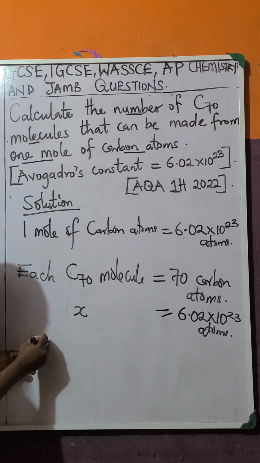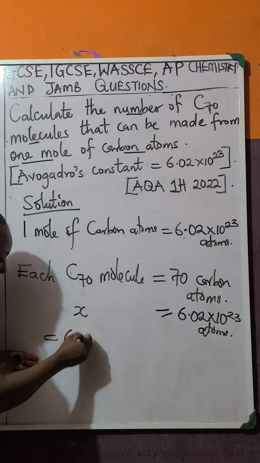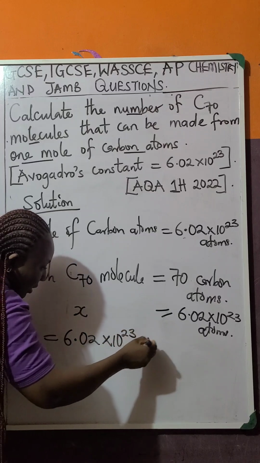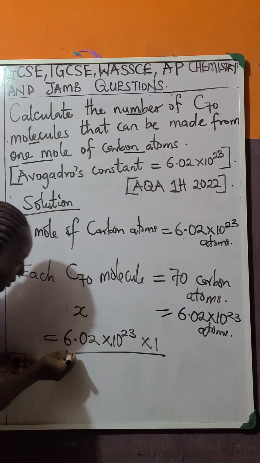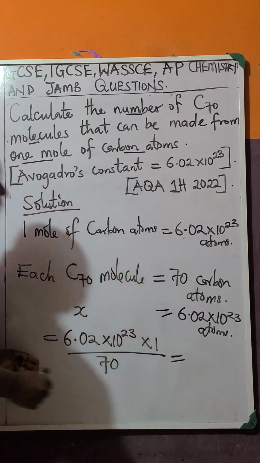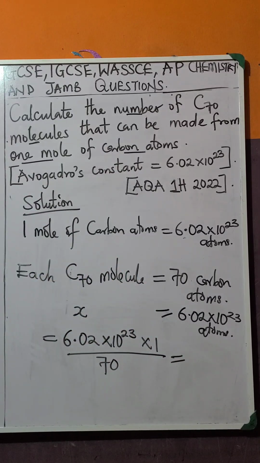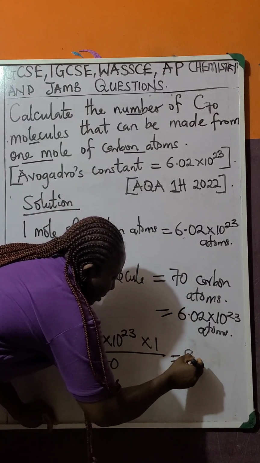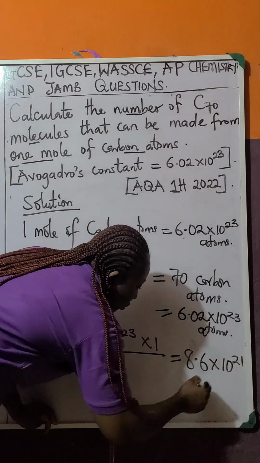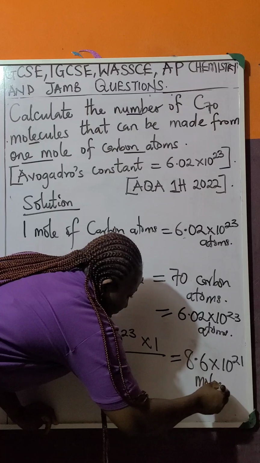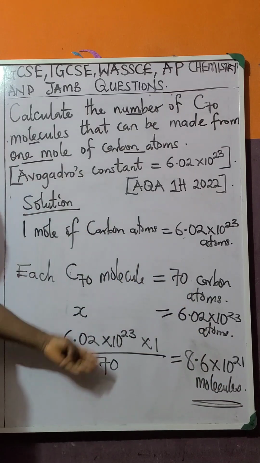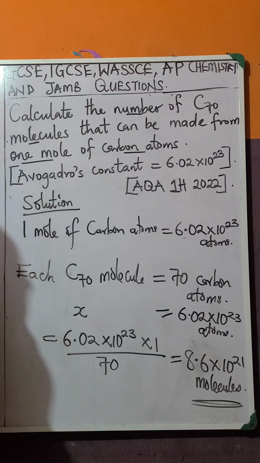If I cross multiply, I will have 6.02 times 10 raised to the power 23 times 1 divided by 70. So if I divide, I'll have 8.6 times 10 raised to the power 21 molecules. So this is my answer.